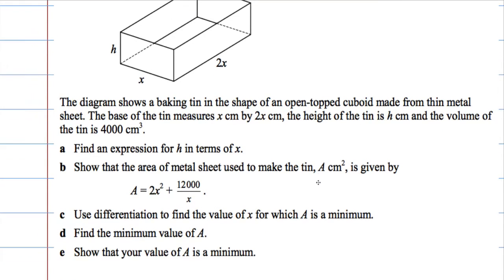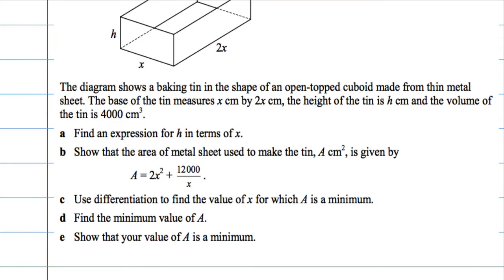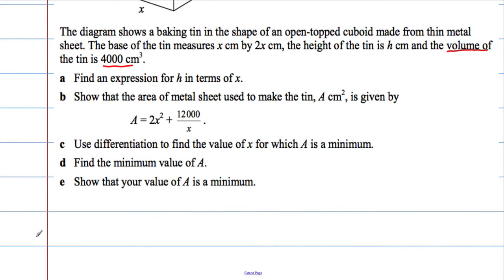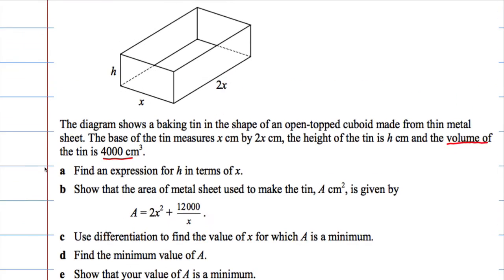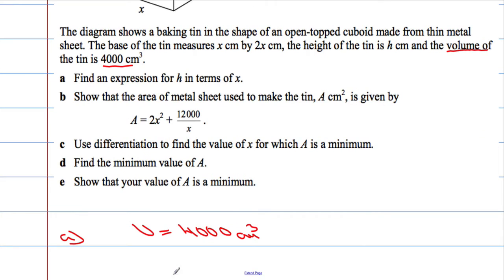So, the information that we're given in the question is the volume of the tin is 4,000 centimeters cubed, and also it's a cuboid, so to get the volume of a cuboid you do the length by the width by the height, so h times x times 2x.